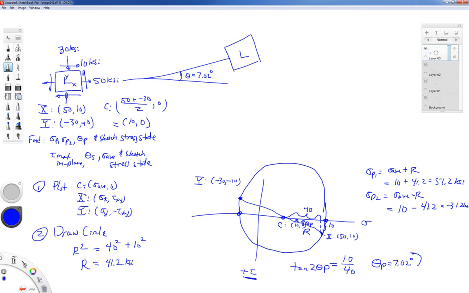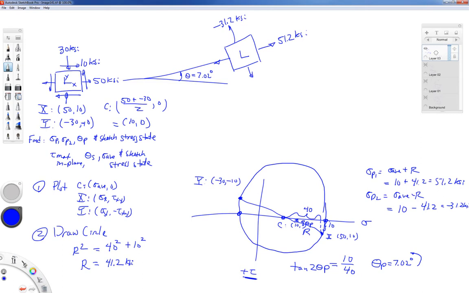If you notice, my x point has traveled to this position, sigma P1. The stress that used to be the x stress turns into 51.2 KSI. And the stress that used to be my y stress turns into minus 31.2 KSI. I do not have any shearing stress.